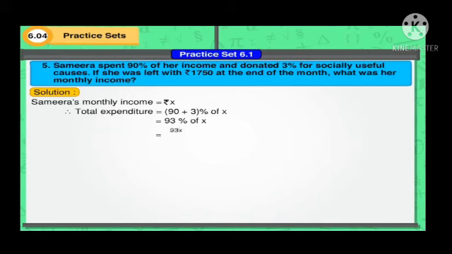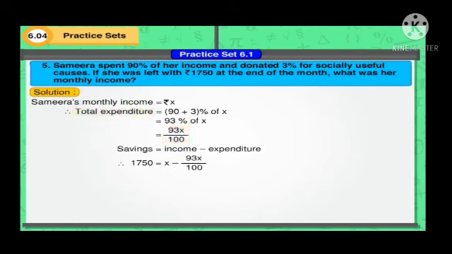So we get 93x upon 100. Therefore, saving is equal to income minus expenditure. Now saving is given as 1,750 equal to income we have considered x minus expenditure 93x upon 100.